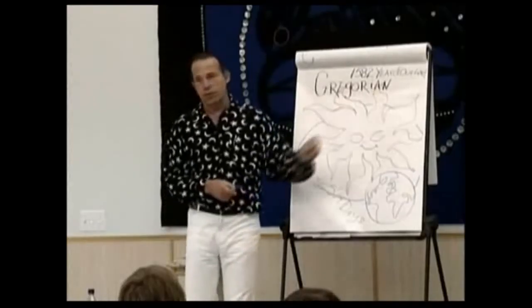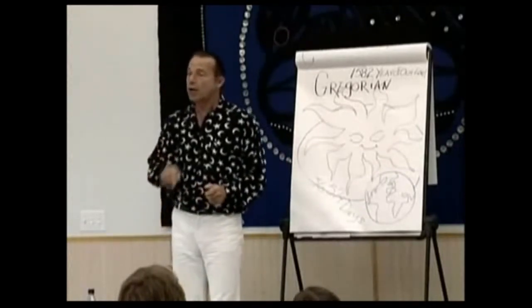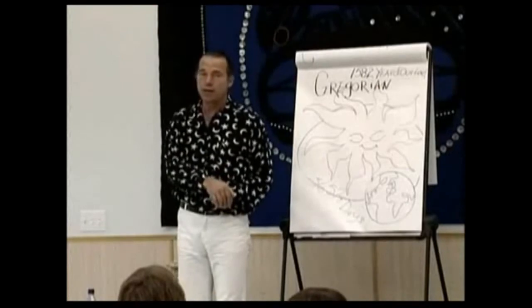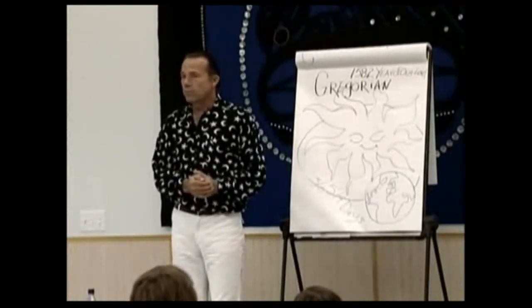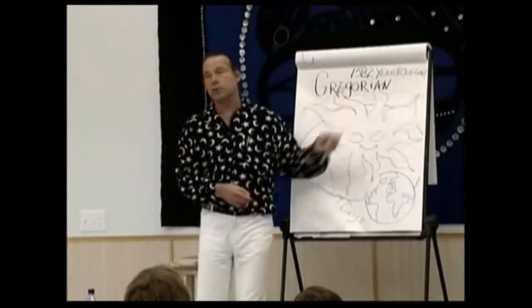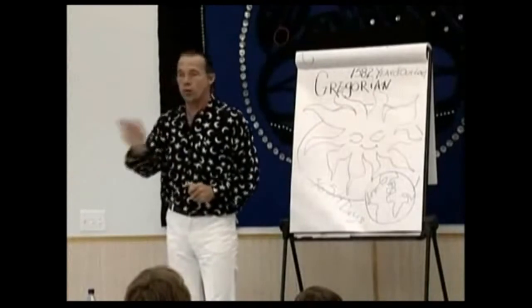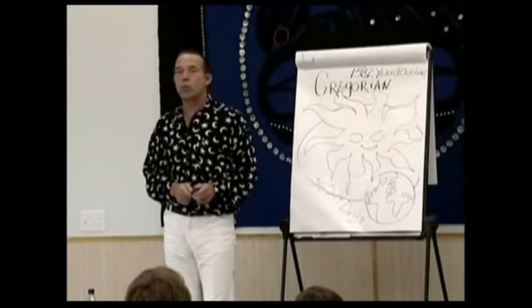The Gregorian calendar, if you've studied history, you know that the Gregorian calendar did not go down very easily with indigenous people. The Gregorian calendar went out with the Spanish and with the Catholic bishops, and they conquered lands and then told people what day it was.